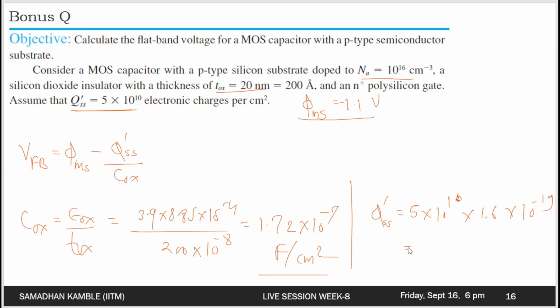So we'll get the equivalent oxide charge density as 8 times 10 to the power minus 9 coulomb per centimeter square. Okay, so we have Cox, we have Q'ss, we have φms.